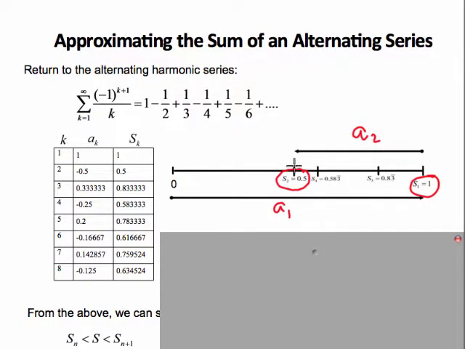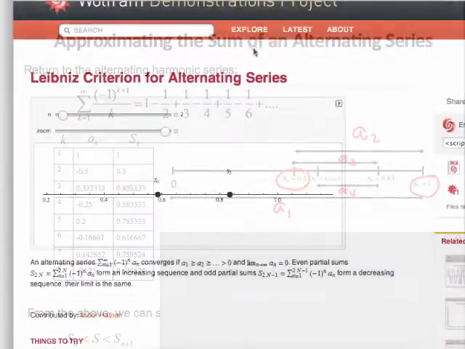I'm then going to add on term 3, which is a sub 3, and that's going to land me at S3. So I've added on a sub 3, the sum of 3 terms, add on a sub 4, and that's going to land me at S4.